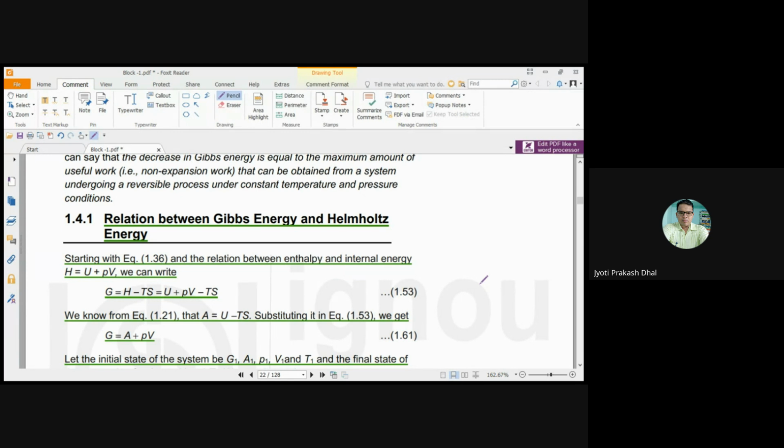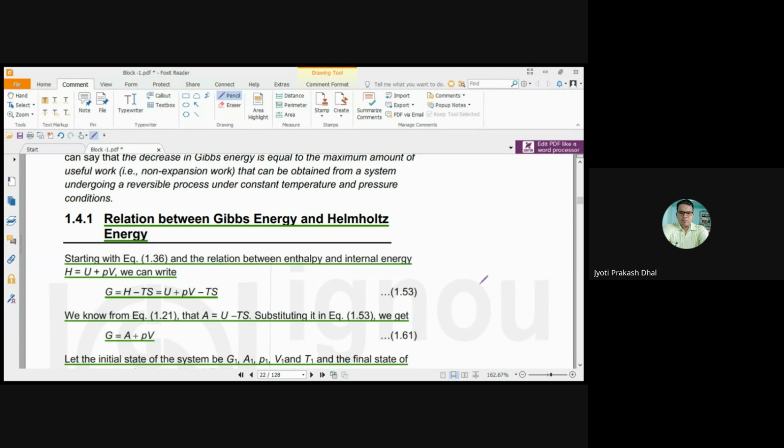So from this equation, we can write U minus TS as A, and hence equation 1.53 can be written as G equals A plus PV. So gradually we are finding the relationship between Gibbs energy and Helmholtz energy. This is the relationship, that is G equals A plus PV.